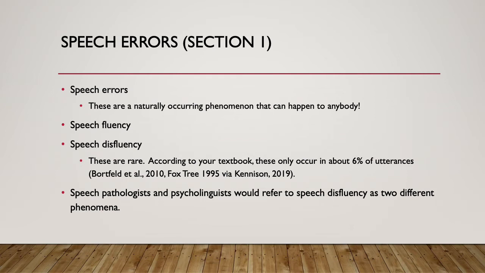Essentially then, to a speech pathologist, the speech disfluency comes in the form of two different people, the speaker and the listener, having an incongruent interpretation of what was meant to be said by the speaker and what was heard by the listener. Psycholinguists, on the other hand, would argue that speech disfluency occurs when speech simply sounds abnormal.